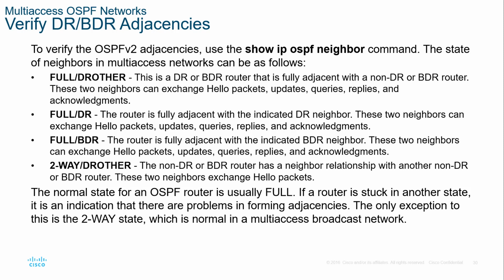If a router is stuck in another state, it could indicate that there's a problem forming the adjacencies. The only exception to this is a two-way state, which is normal in a multi-access broadcast network. So again, if we have multiple routers, it's going to be either a full or a two-way DROther.